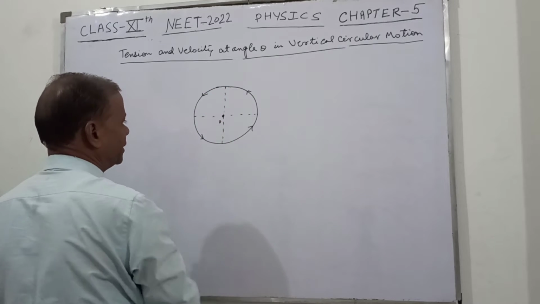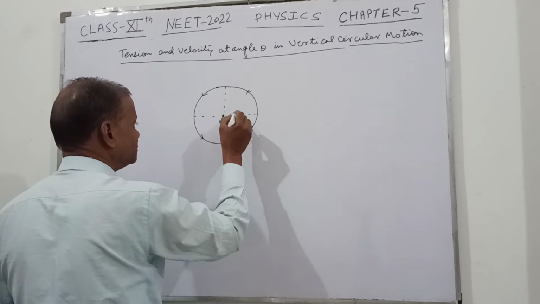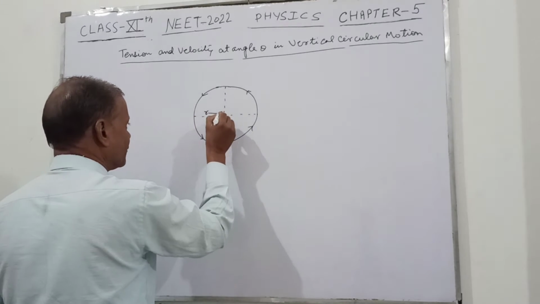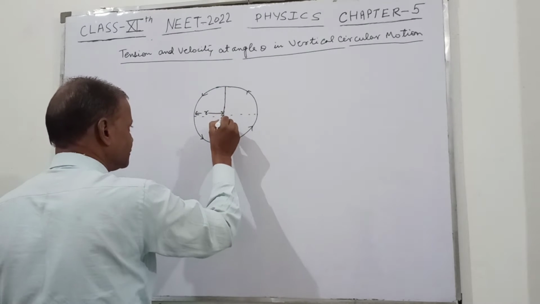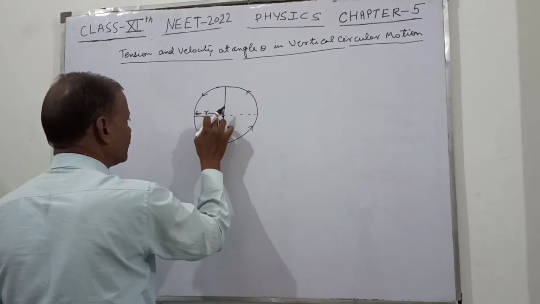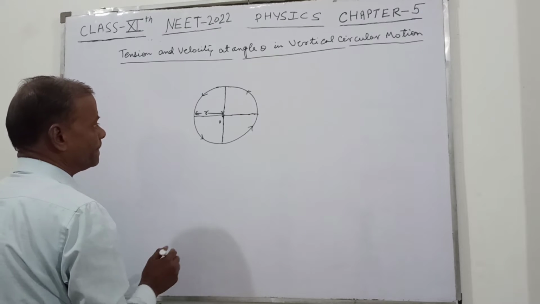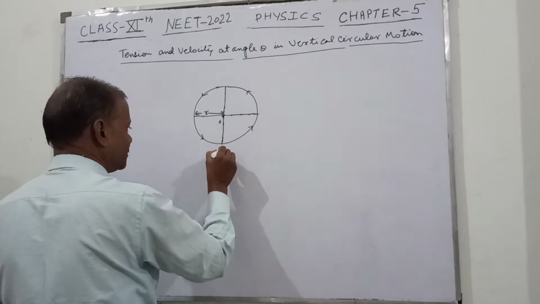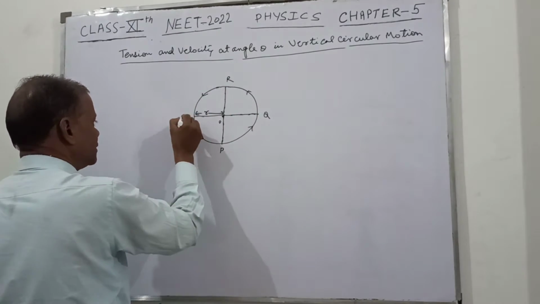This is the motion of the particle. And this is the radius. This is the string. And this is now point P. This is point Q. This is now R. This is now S.